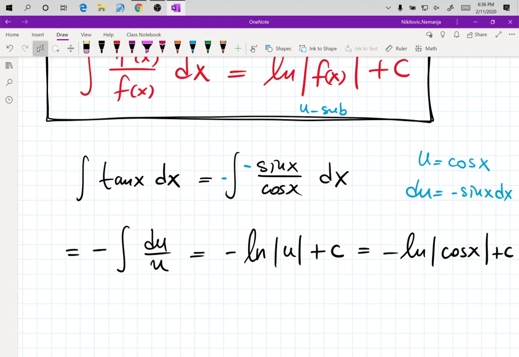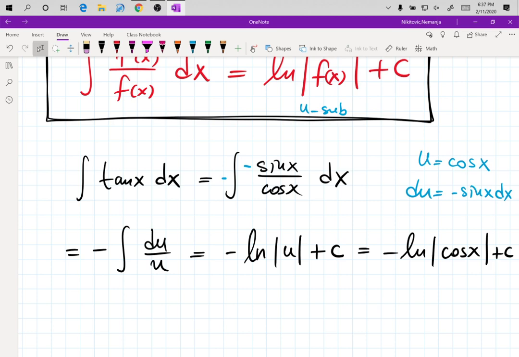Because cosine and tangent are not paired. What's a tangent paired with in calculus? Secant. Sine is paired with cosine, tangent with secant, and cotangent with cosecant.